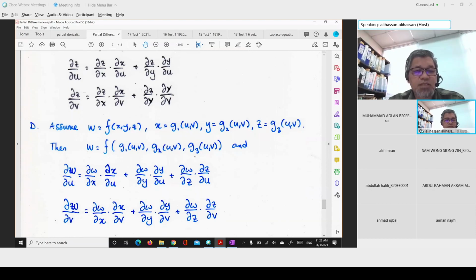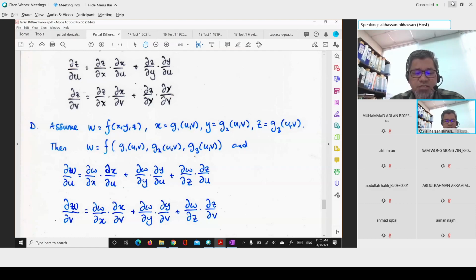Sometimes we want to work in a different coordinate system. There are many coordinate systems. For example, we have the Cartesian coordinate system x, y. We also have the polar coordinate system r, theta, and later on you will see the cylindrical coordinate system for three-dimensional space, and also the spherical coordinate system, also for three-dimensional space.